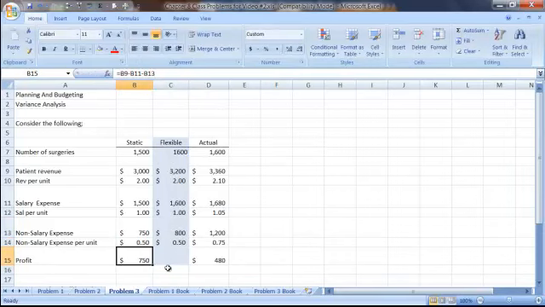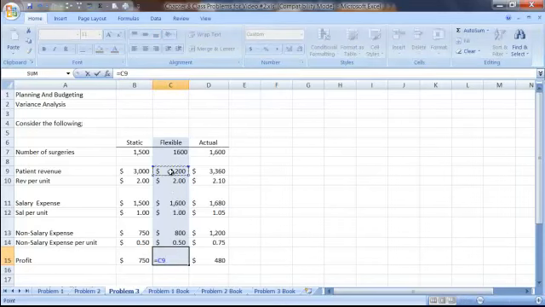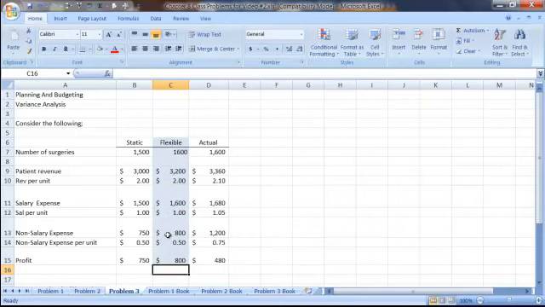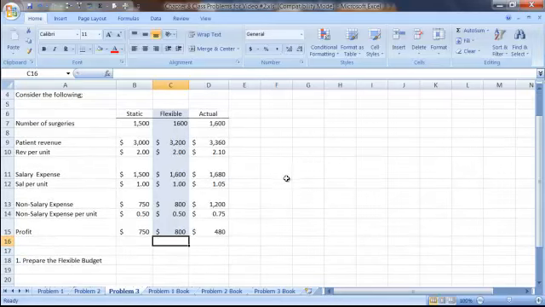And remember, profit is simply our revenue minus our two costs. Take our revenue minus our salary expense minus our non-salary expense. There we go. That is how we calculated our flexible budget, and then from there, of course, we can do all our variances.